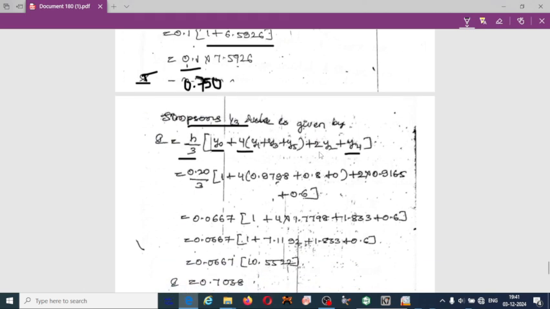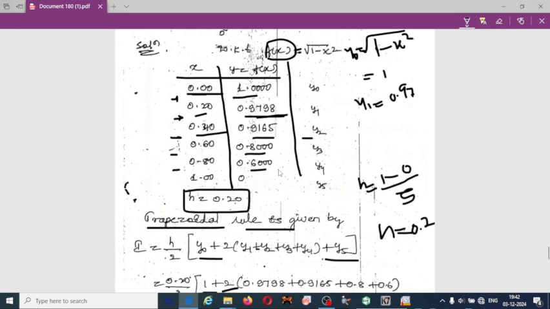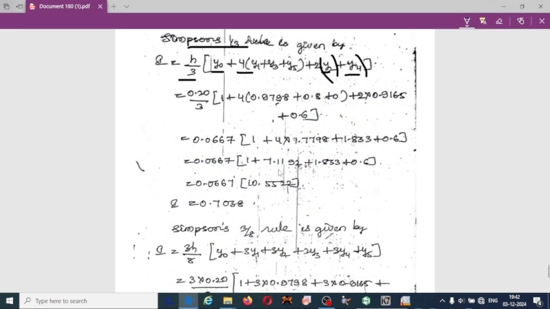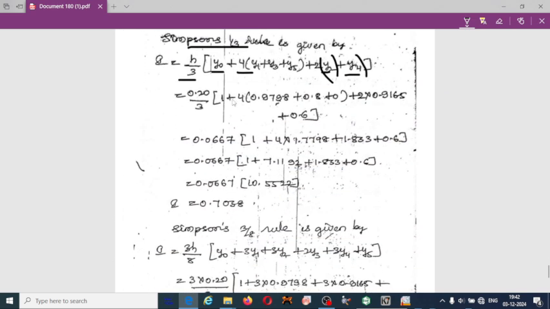Multiply with 2 the even terms, y2 and y4. Only y2 you should multiply, and this last digit you should keep as it is.